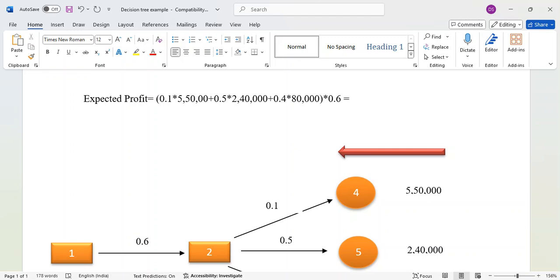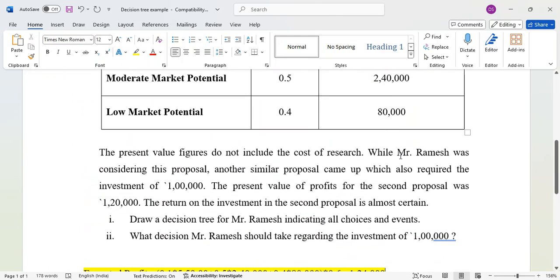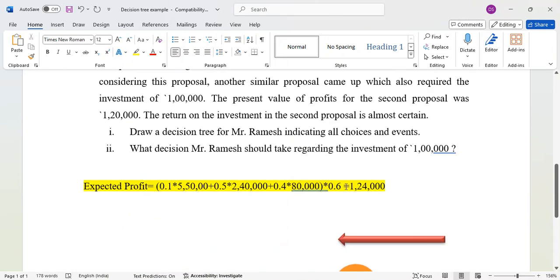In this way, the person will get 1,24,000 as the expected profit. Here he has highlighted that if you go for the second proposal, you will get 1,20,000. By developing the drug for consumers, he will get 1,24,000. So it's the right choice to develop a product.